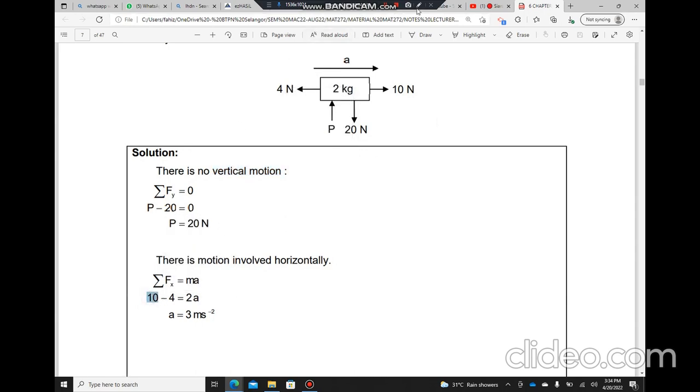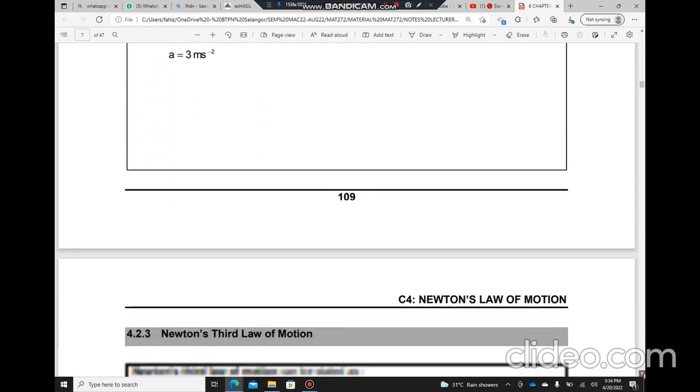Okay, positif 10. And then plus negative 4 sebab dia arah berbeza. Equals to MA. M is 2 kg darab dengan A, acceleration. So we want to find A, which is 3 m/s^2. So make sure kena check betul-betul horizontally dengan vertical. So tengok dia bergerak ke atas bawah ataupun kiri kanan.